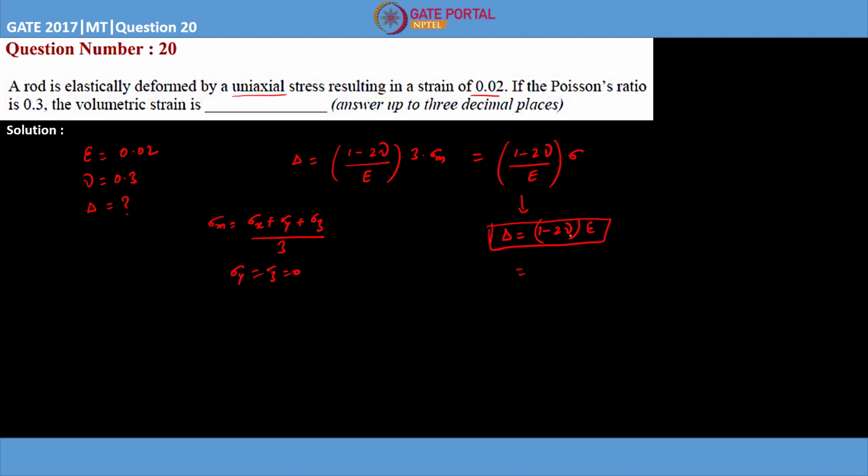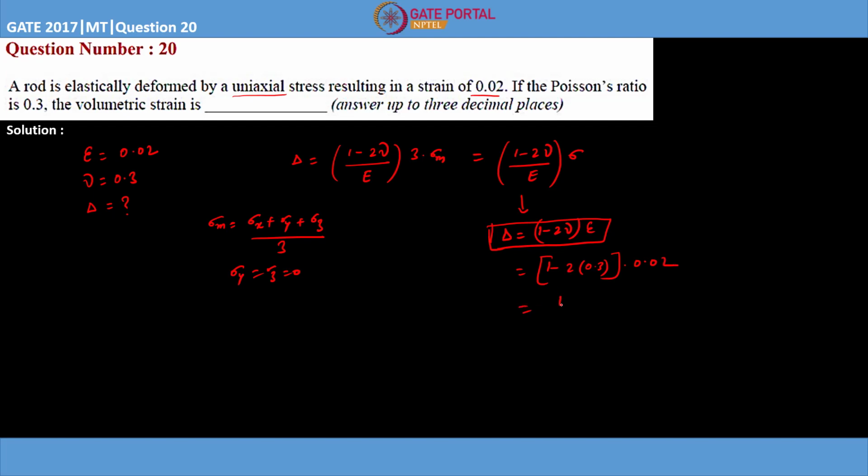So simply we have been given this value of Poisson's ratio and the value of strain. We will put it in and we can easily calculate the value of volumetric strain. So 1 minus 2 times 0.3 into the value of strain, 0.02.